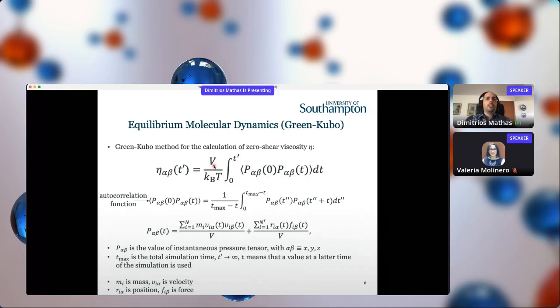V is the system's volume, and the autocorrelation is obtained by the ergodic hypothesis as a time average, which is equal to the ensemble average as well. The value of the pressure tensor at each time step is calculated by this equation, which has a kinetic energy component and a force component. Tmax is the total simulation time, and t prime ideally goes up to infinity, and t means that we use a value at a later time of the simulation.